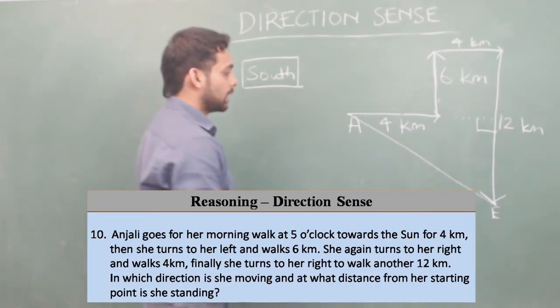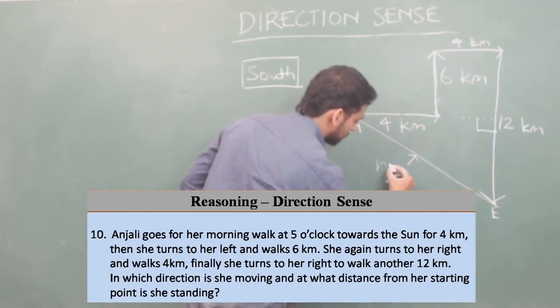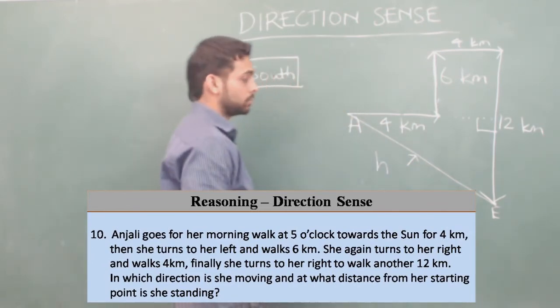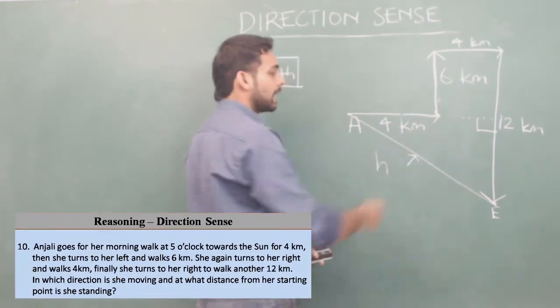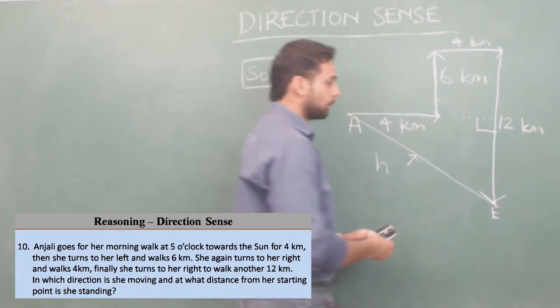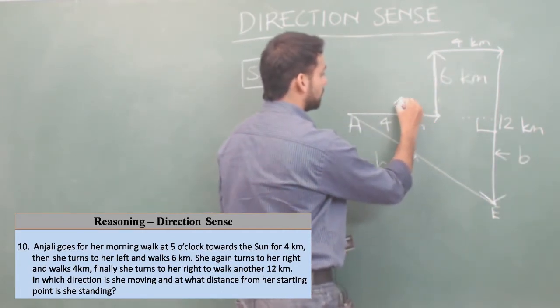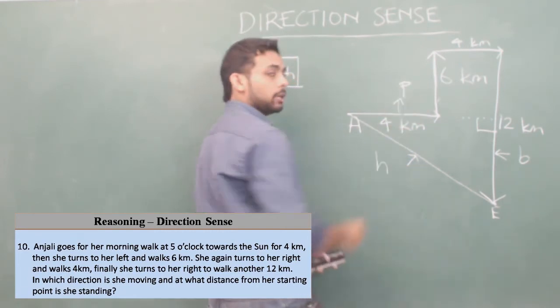Okay, we get a right triangle where AE is the hypotenuse. Either side could be assumed to be the base and the perpendicular. It really doesn't matter. So I'll assume this to be my base and this to be my perpendicular.